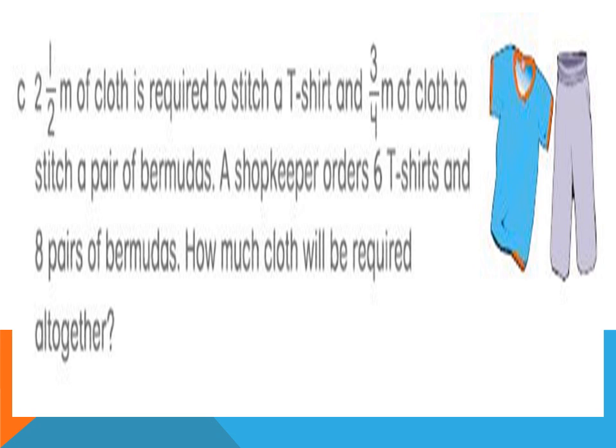So here the amount of cloth required to stitch a t-shirt and a Bermuda is given. Now you have to find out how much cloth is required to make 6 t-shirts and 8 Bermudas. Pause the video, try to solve this yourself.